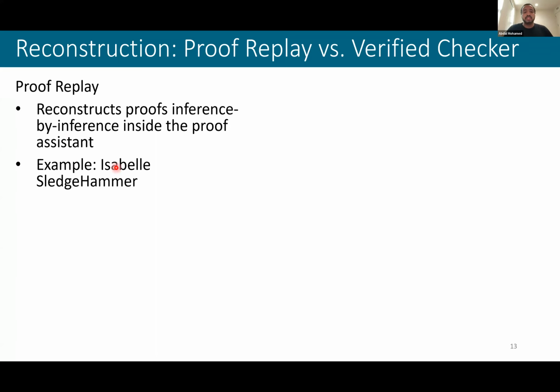An example of this would be Isabelle's Sledgehammer. The benefit of this approach is that it's easy to implement and modify if there are some changes. Of course, it also has a disadvantage, which is that it's slower than the verified checker approach.